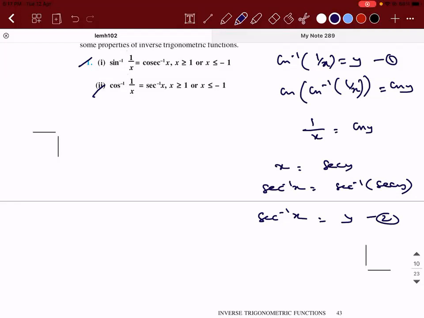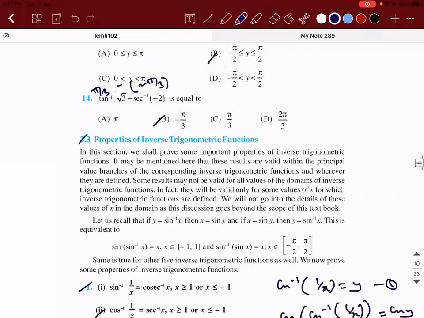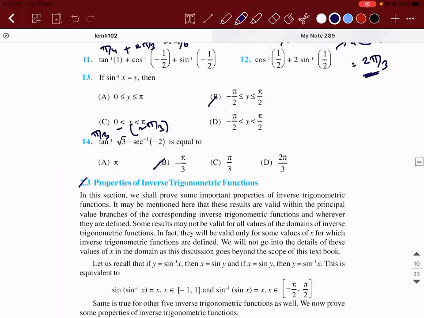Can we use this logic in the previous exercise? Just because we are learning the properties now, it is not necessary that you cannot use this logic in the previous exercise. For example, tan inverse of root 3 minus secant inverse of minus 2. Generally, we are comfortable with sine, cos, and tan. So when secant comes, it slightly disturbs us, right?